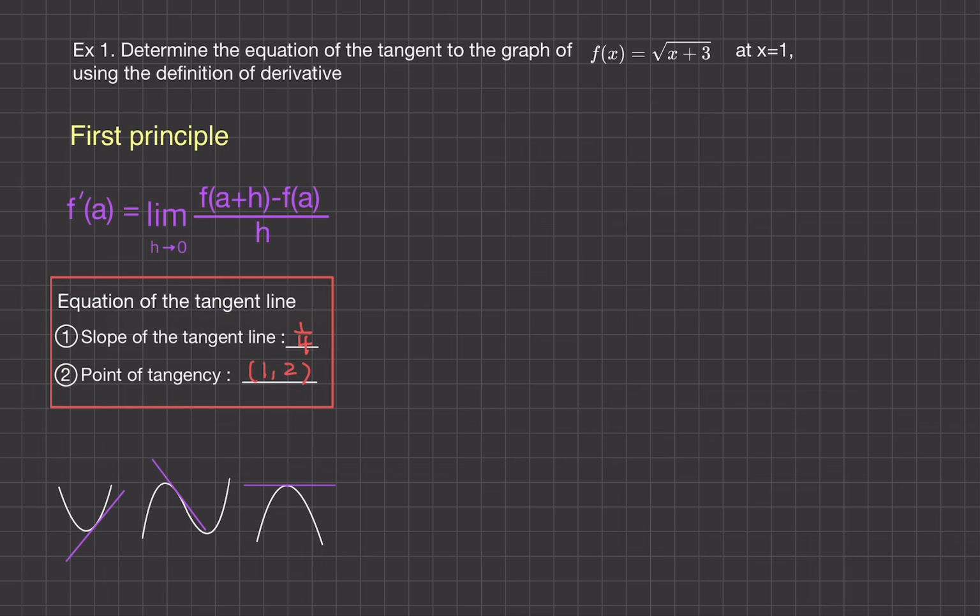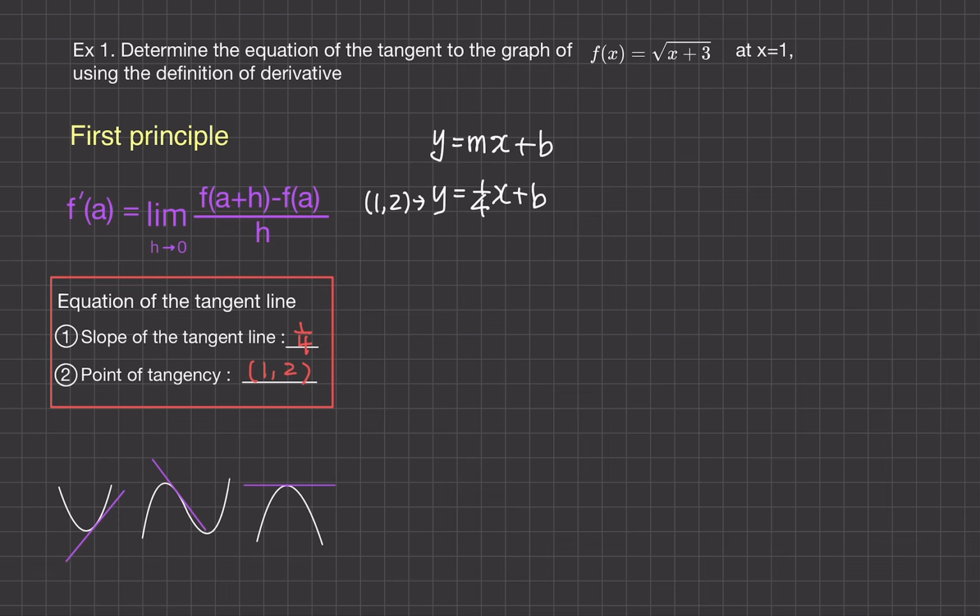Let's use the slope-intercept form, which is y equals mx plus b. We know the slope is 1 over 4, so we write y equals 1 over 4x plus b. Let's plug in the point 1, 2 to find b.